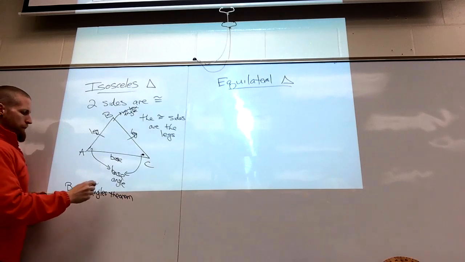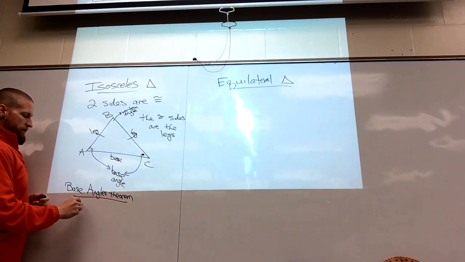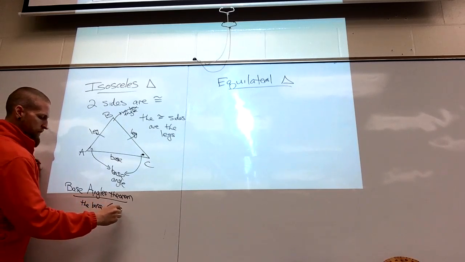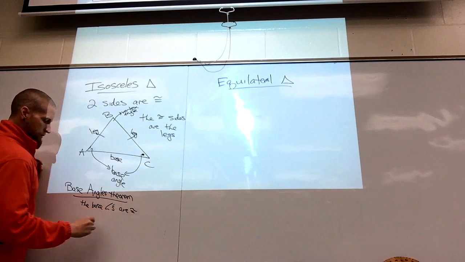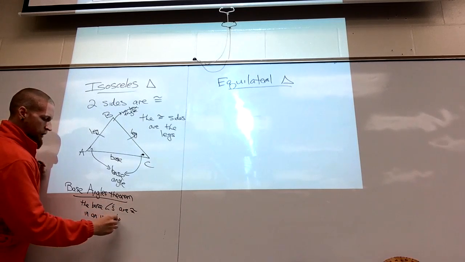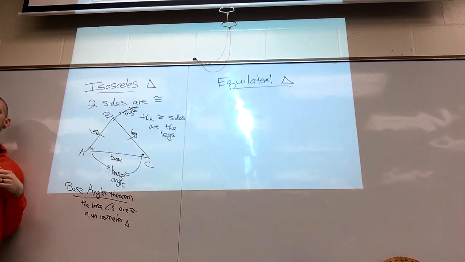If I wrote it down real basically, it just says base angles are congruent in an isosceles triangle.